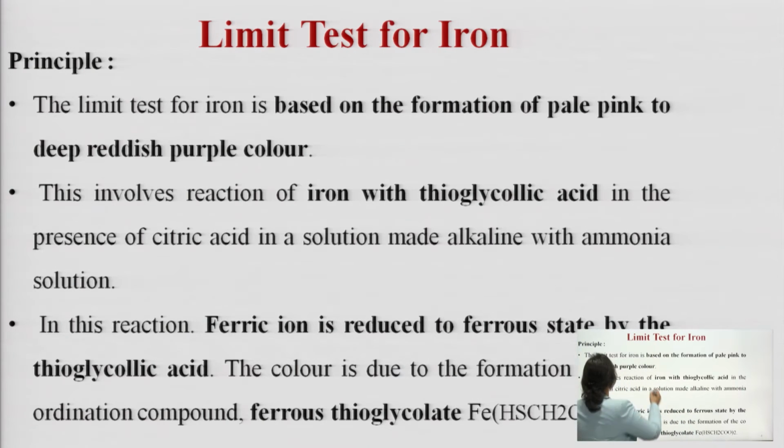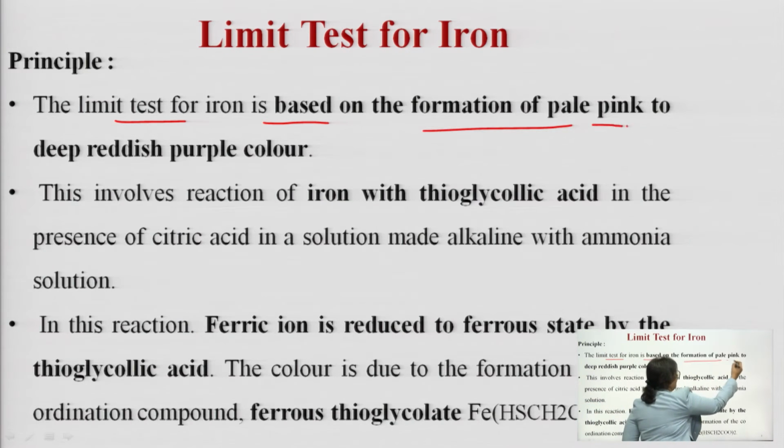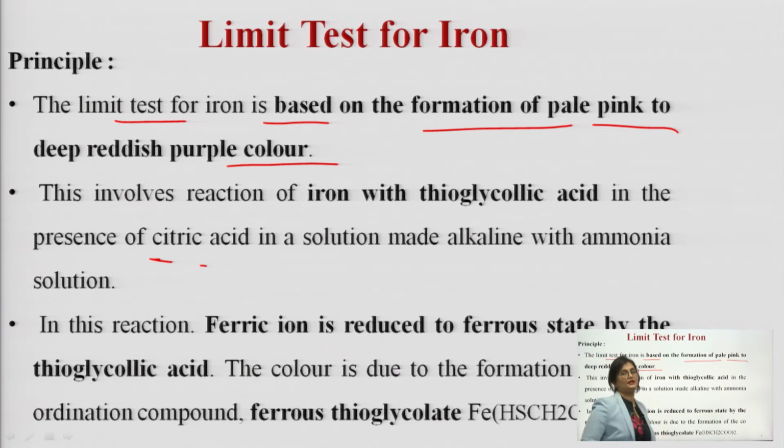The limit test for iron is based upon the formation of a pale pink to deep reddish purple color. How do we compare the test with that of the standard here? We compare the change in color.